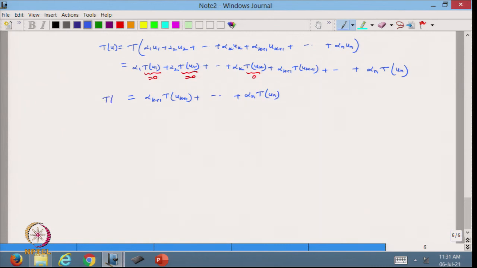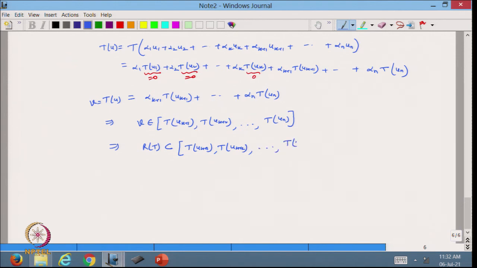It means that T(u), which is my v, can be written as a linear combination of these, so v belongs to the span of T(u_{k+1}), T(u_{k+2}), up to T(u_n), and R(T) is a subset of this span.